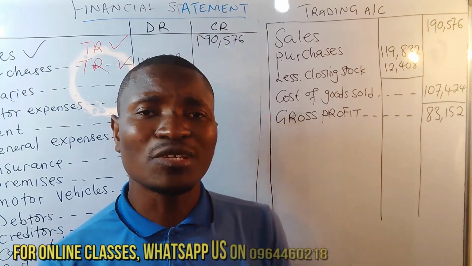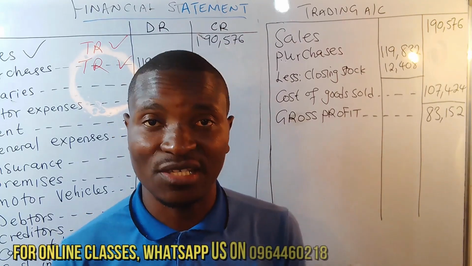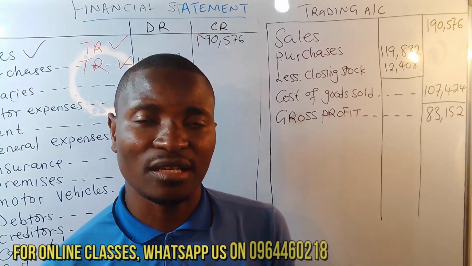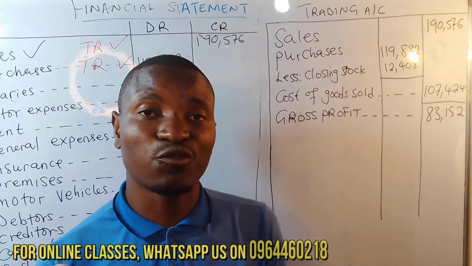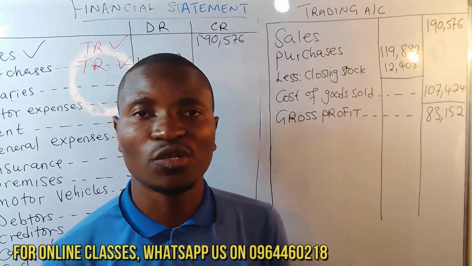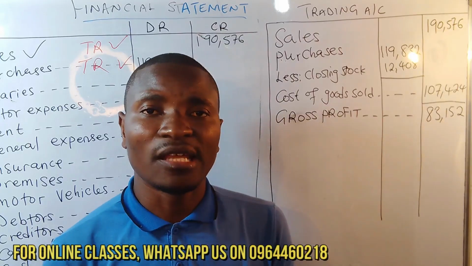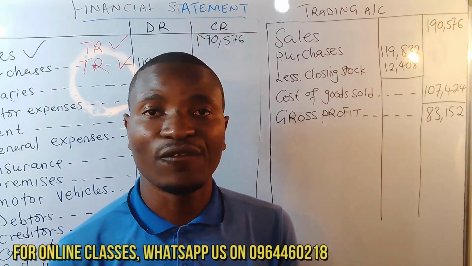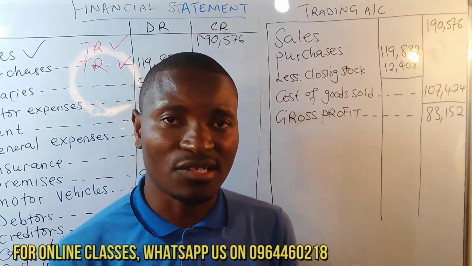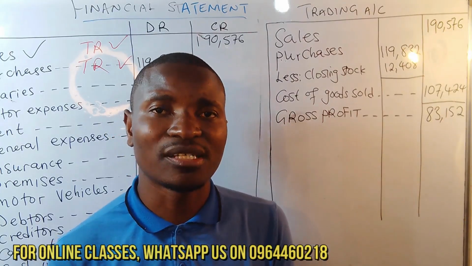Okay, so once we subtract the expenses from the gross profit, the answer that we're going to get will either be the net profit or the net loss. So if the answer is negative, then we just put it in brackets.